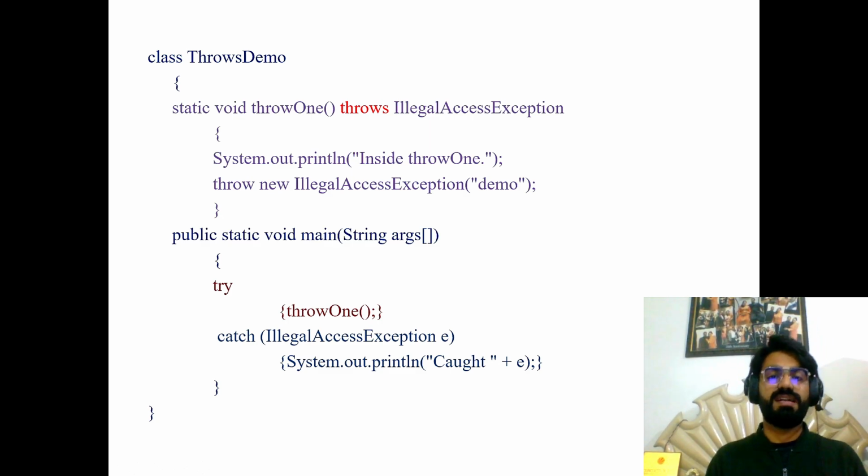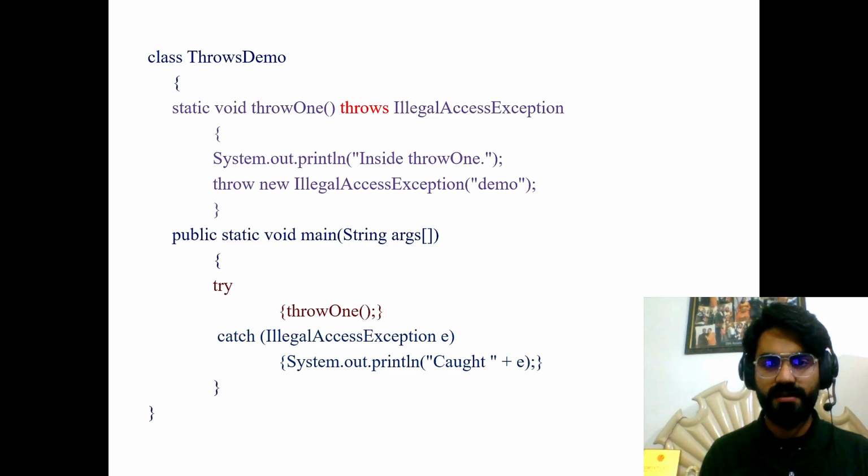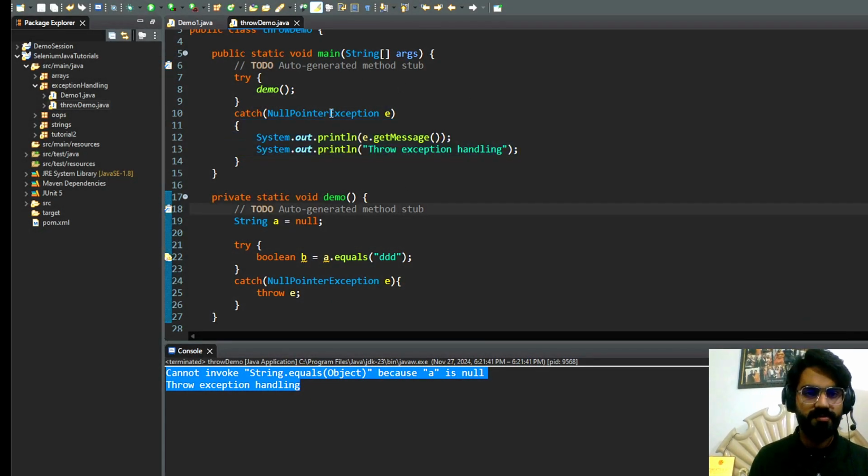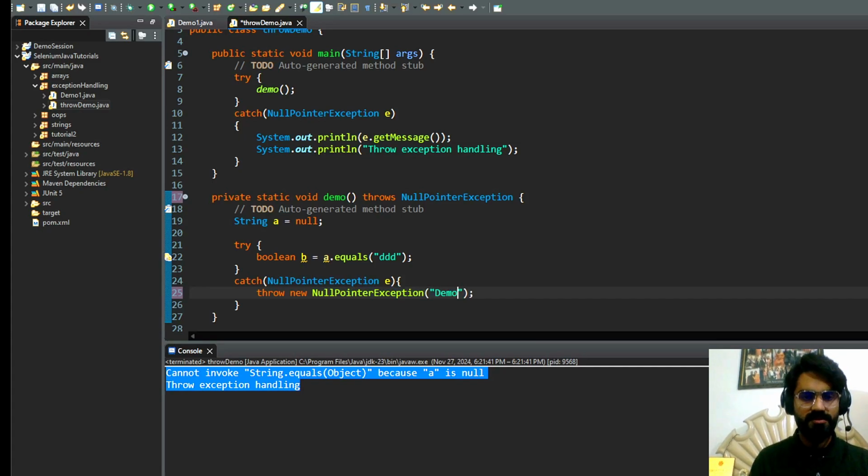Which means that I can throw any exception which I want. Suppose I have multiple catch blocks over here. Let us do it over here if possible. Suppose I say public static void main, demo, and I want to throws null pointer exception over here, and I throw new null pointer exception with the message demo.